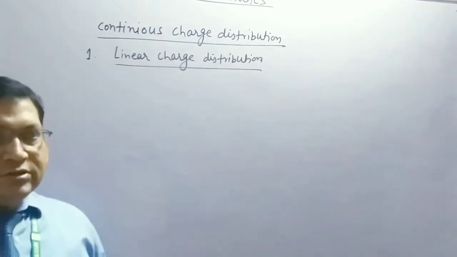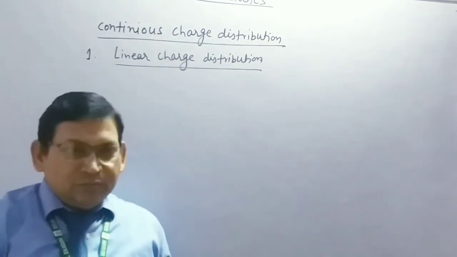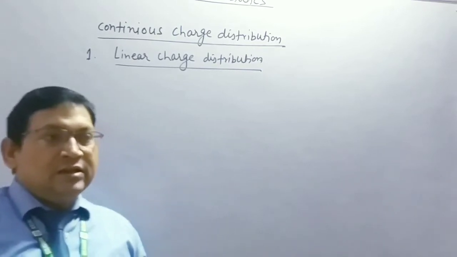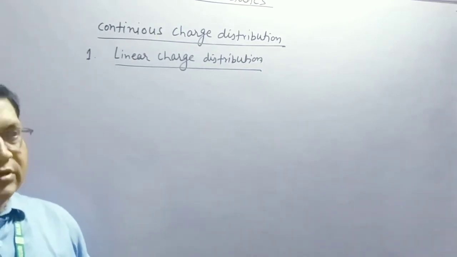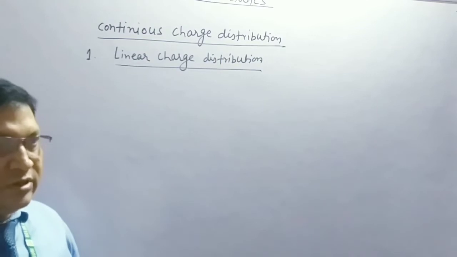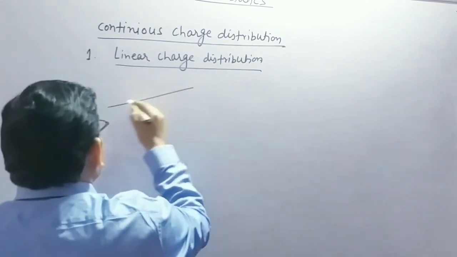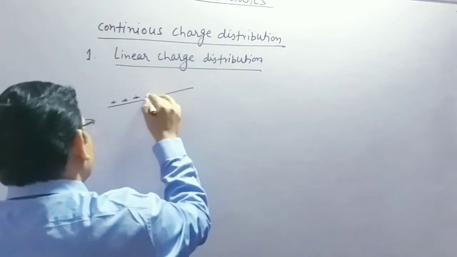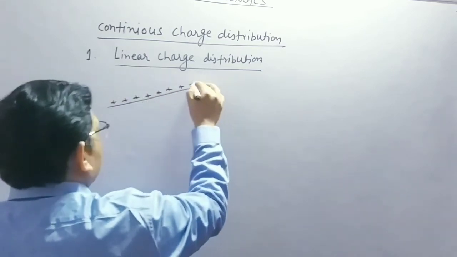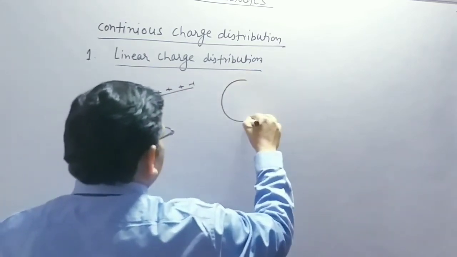In linear charge distribution, the charge is spread over a certain length, like a rod, a small rod having a small area of cross section, or a ring. So linear charge distribution would be like this type, a small rod, or either it may be a circular ring.